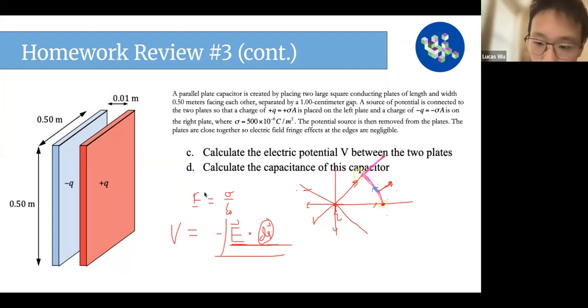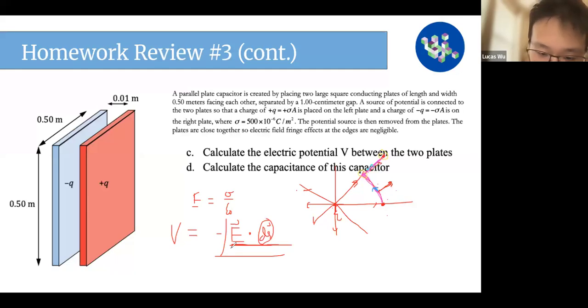But when I go from this point over here to this point over here, I can draw the ds and the E. This will be the direction of my ds, pointing radially outwards, but my electric field is also pointing radially outwards.